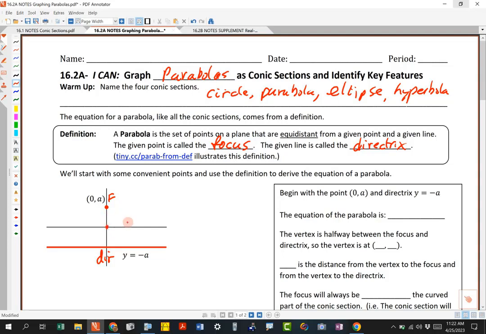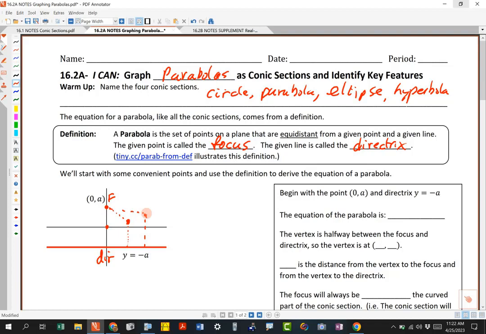And then if I put a point over here, I measure distances straight off that line, and then straight over here. And then another one, I could put right here. So I'm going to go straight down to here and then over to here. These points right here will define the parabola. And I can do the same thing on the other side.